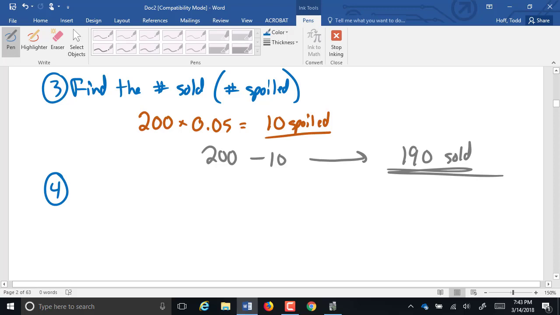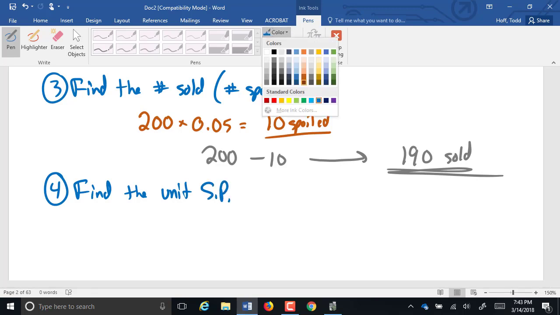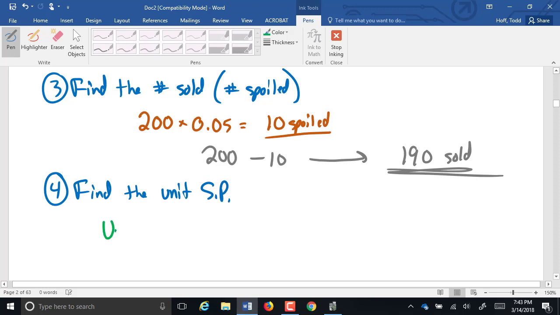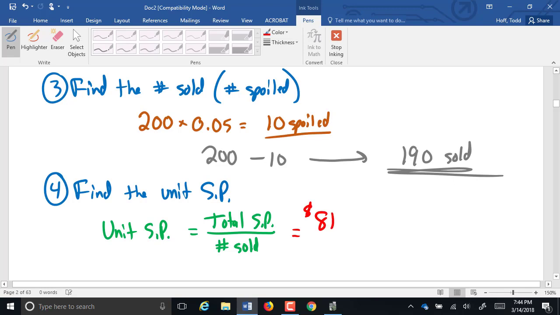Last step. Find the unit selling price. The unit selling price is equal to total selling price divided by the number of units sold. Our total selling price here was $81.